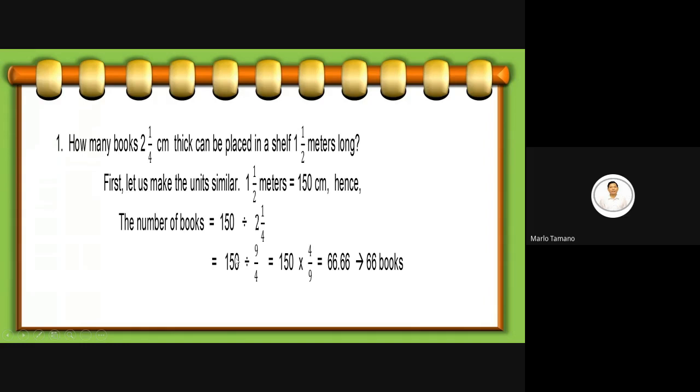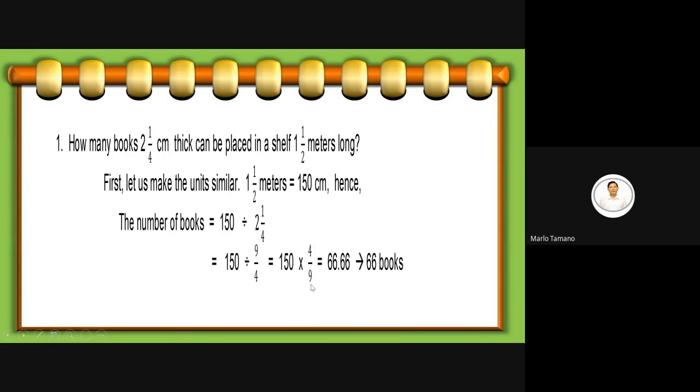So, yung 150 divided by 9/4 is equal to, pwede ninyong gawin fraction to 150 over 1. Pwede na rin whole number. Basta, kapag whole number po yan, ang minumultiply dyan ay yung whole number na 150 at saka yung numerator. Huwag kayo malilito doon. So, 150 times 4 divided by 9.